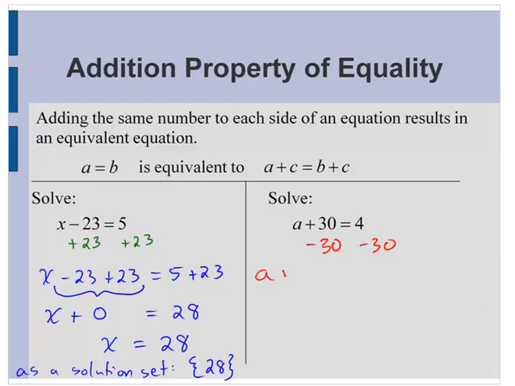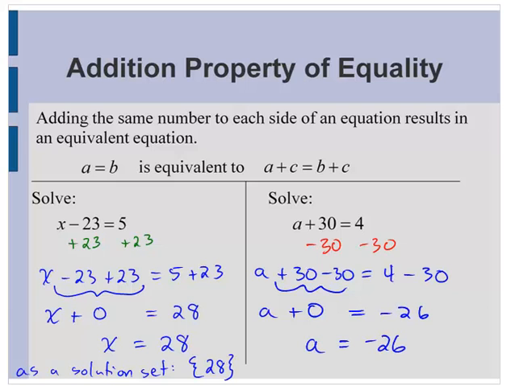So we now have a plus 30 minus 30 is equal to 4 minus 30. Again, we have these opposites. So we have a plus 0 is equal to negative 26, and so a is negative 26. Or again, as a solution set, open set braces, the number, close set braces.